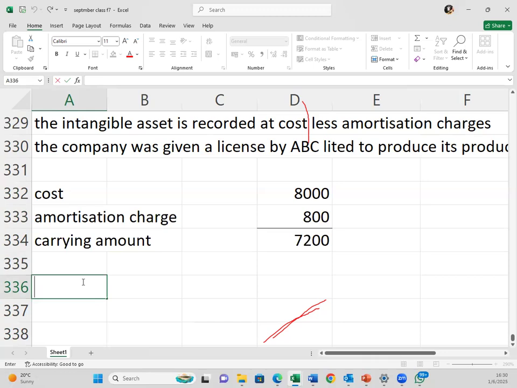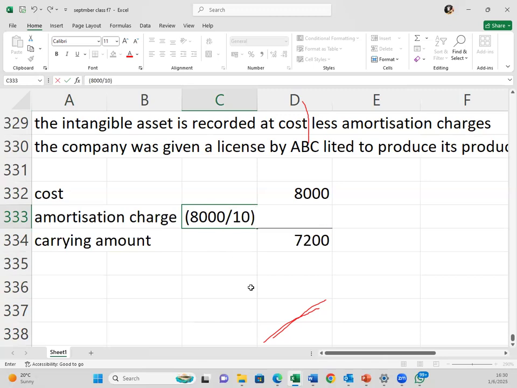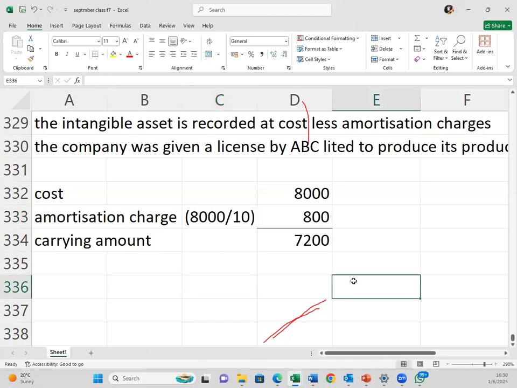Our amortization is equivalent to depreciation. We spread the 8,000 over the period of the license of 10 years, and we get 800 per year.